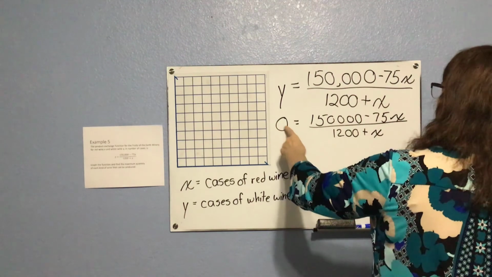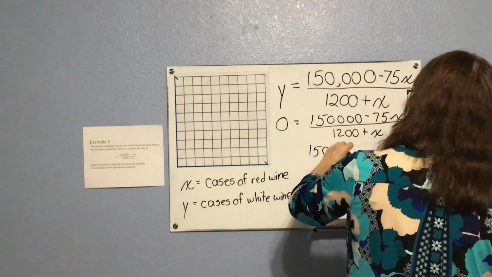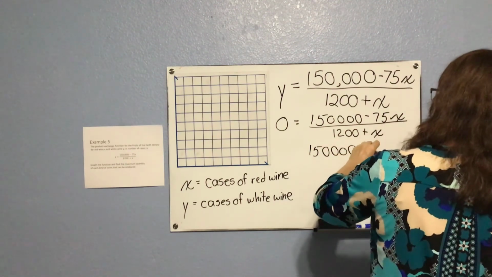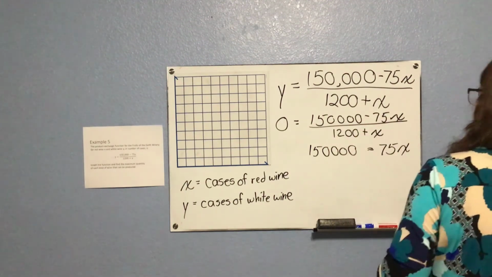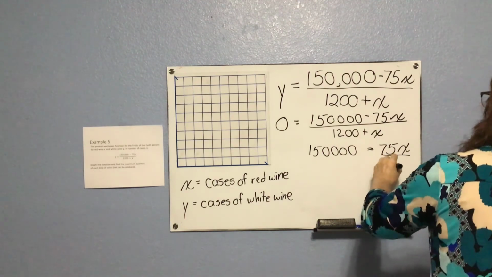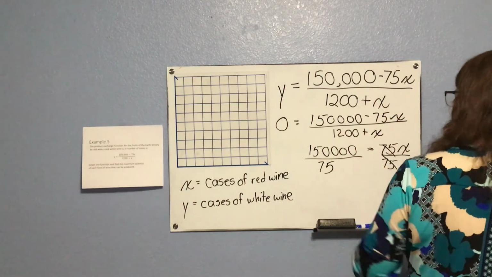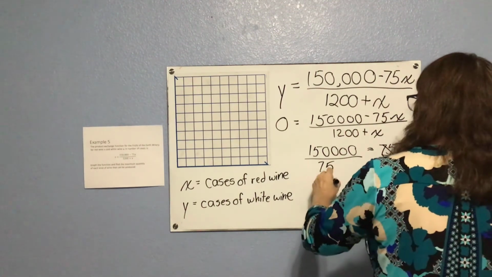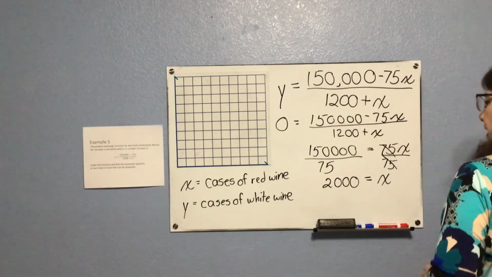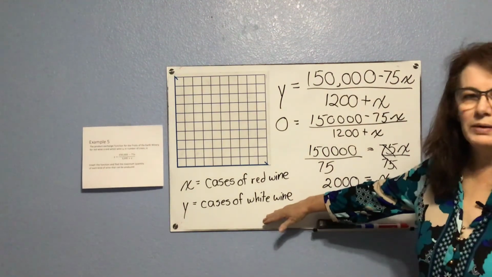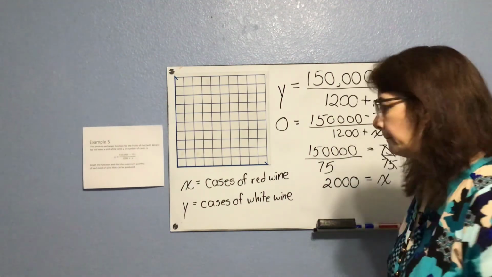So if this is still 0, then I have 150,000 equal to 75x. Just move the equal sign here, and then divide by 75. So these cancel out, and I get that x equals 2,000. So if I made no white wine at all, I could make 2,000 cases of the red wine.